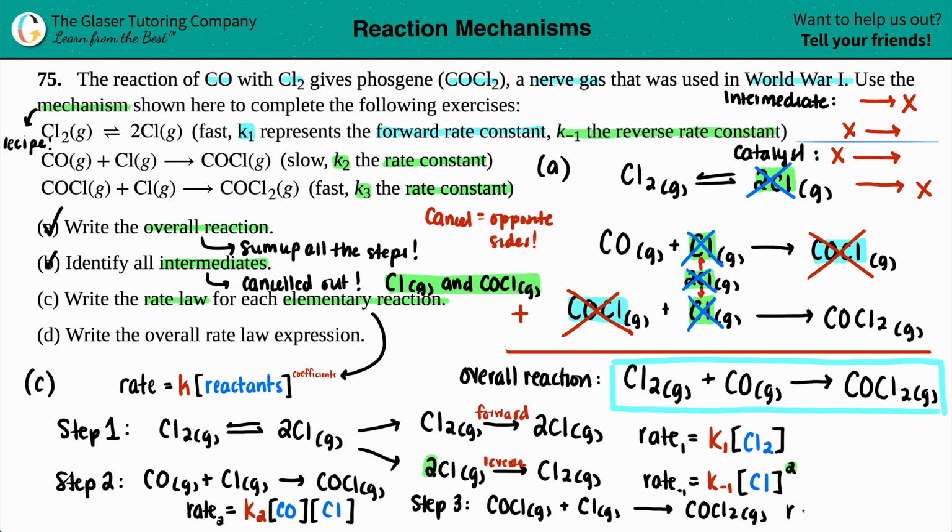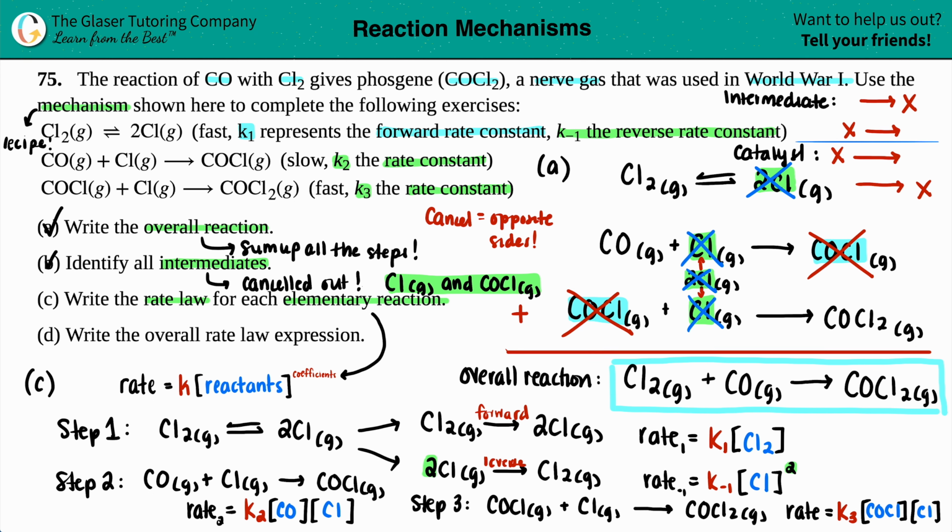So we'll say rate equals K, and we denote it as K3. The reactants here are COCl and Cl, so I got 2 of them. So we'll do double things. COCl. Oh boy. Can I fit it? COCl and just the Cl. And that is your fourth total rate law.